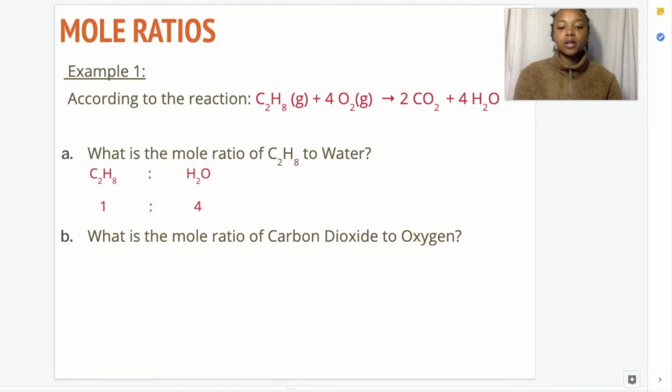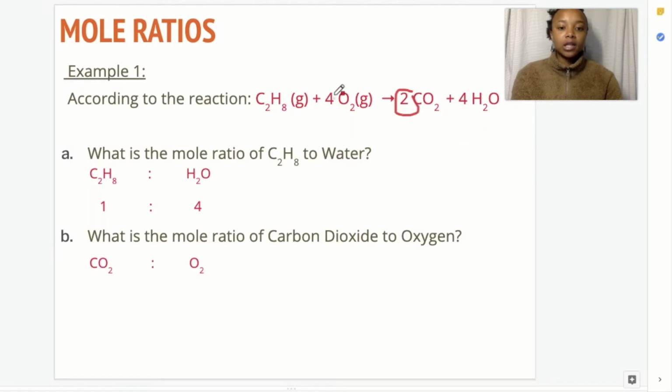So let's do the next one. What's the mole ratio of carbon dioxide to oxygen? Well, first I'm going to write down carbon dioxide to oxygen. And then I'm just going to see how many there are. It looks like we have 2 carbon dioxides because it gives it to me here in the equation. We got our 2.